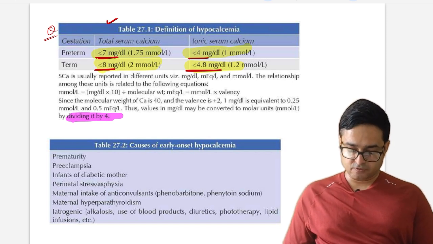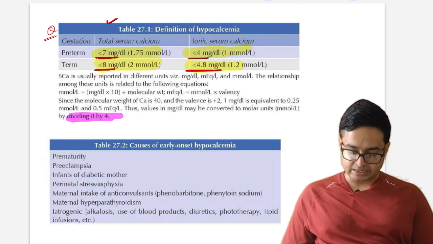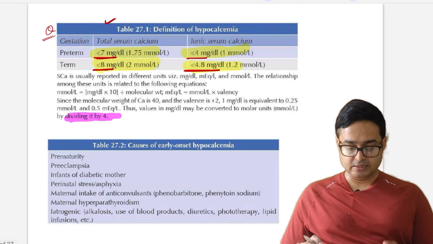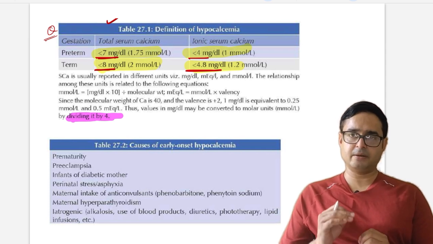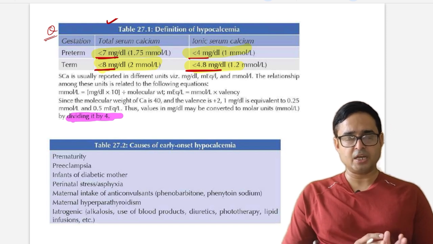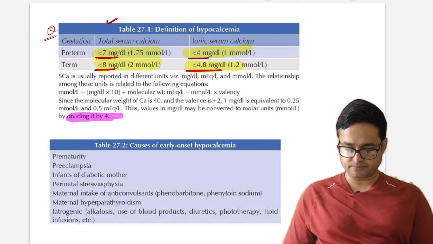What are the causes of early onset hypocalcemia? Prematurity, preeclampsia, IDM, stress, asphyxia, maternal intake of anticonvulsant, hyperparathyroidism, and iatrogenic, you have to remember. In this slide, remember the definition of hypocalcemia in preterm and term neonates in terms of ionized and total calcium, and also in millimole per liter.